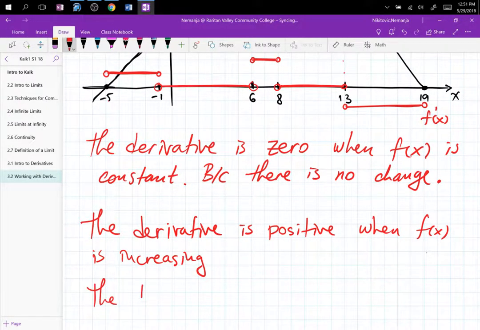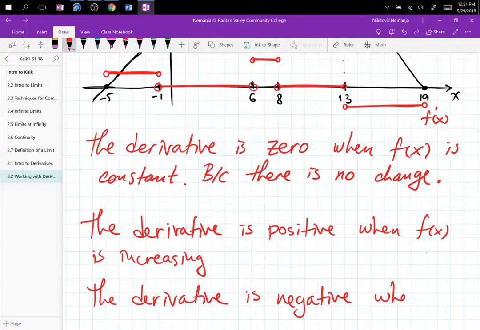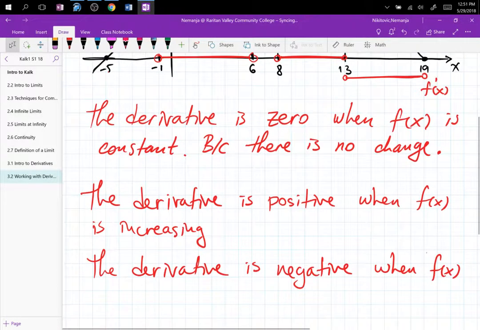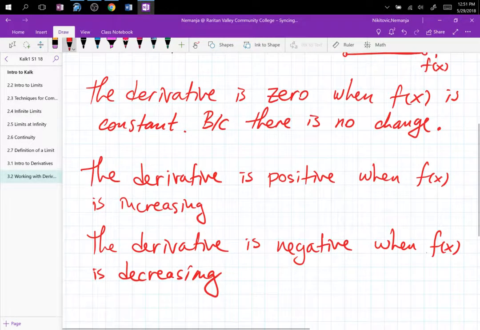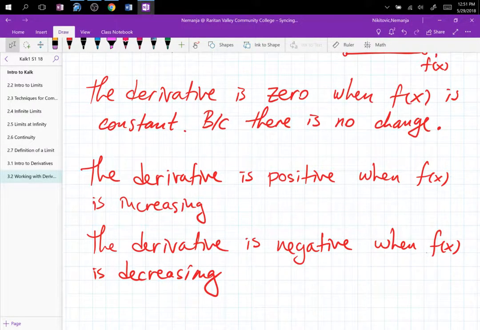And the derivative is negative when f of x is decreasing. So you can look at the graph of the derivative and know immediately that your function is either increasing or decreasing or flat.